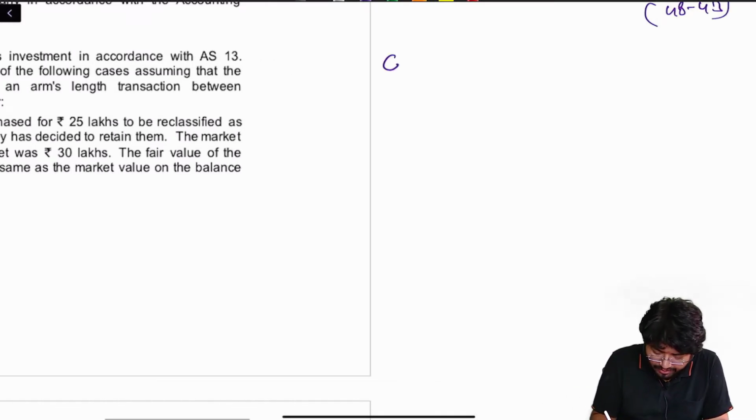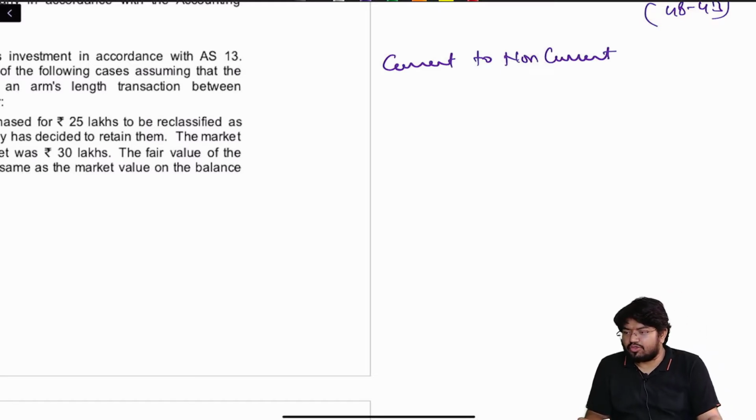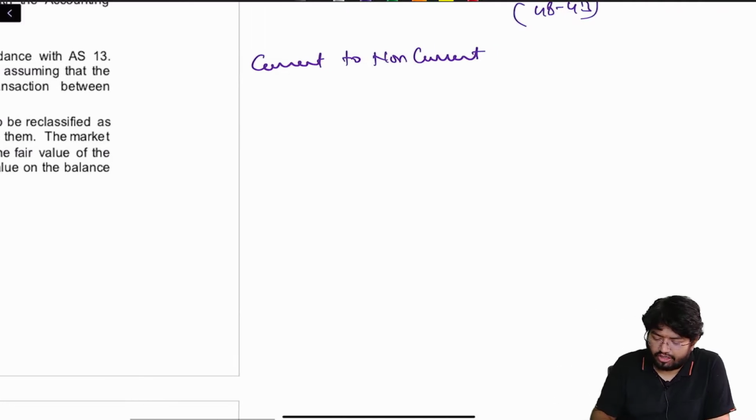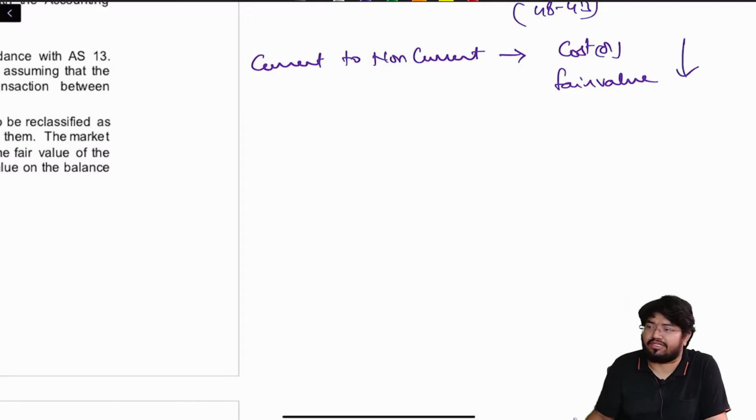When it moves from current investment to non-current, that means your intention is to hold it for the long term. In such a case, what you are supposed to transfer is cost or fair value, whichever is lower.